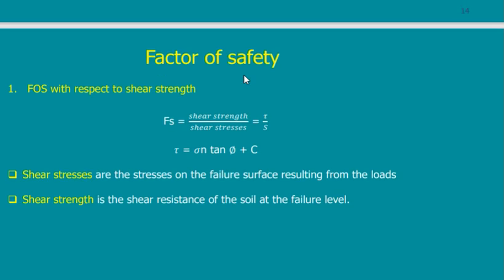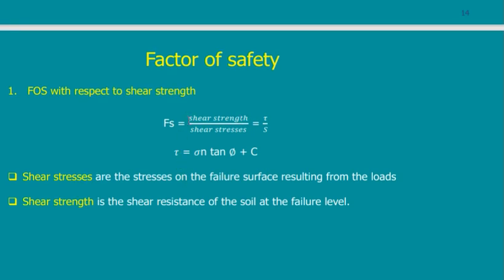So this is exactly what we are studying here: factor of safety. Shear strength is the portion of the load that is inherited inside the soil. It is the force that the soil can carry. If I ask you how much weight you can carry when you go to the gym, suppose you are a weight lifter, and you tell me I can carry 100 kilos, so your capacity is 100 kilos.